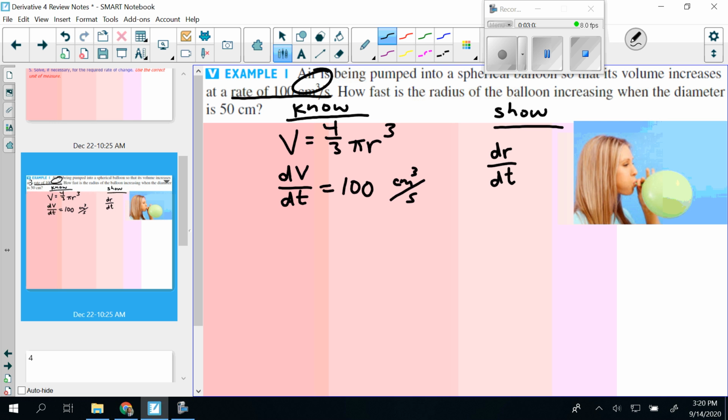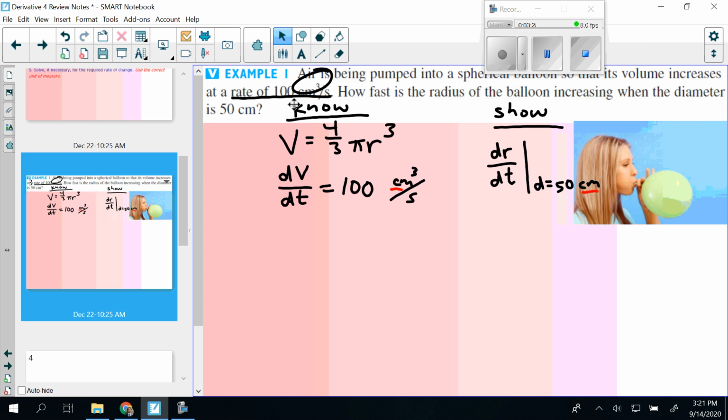So we want to find dr/dt. And the moment we want to find it at is when the diameter equals 50 centimeters. One thing you should check is whether your units are matching up. Looks like they are centimeters, centimeters. We're good to go there.